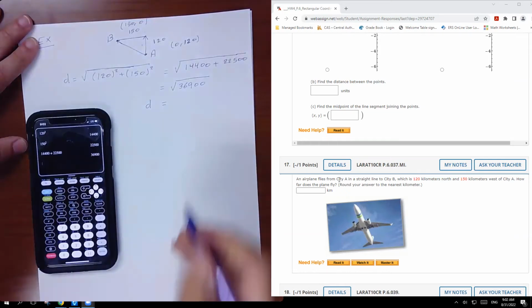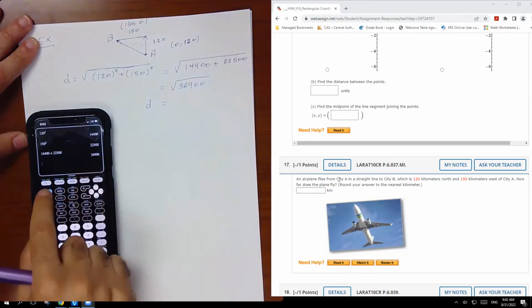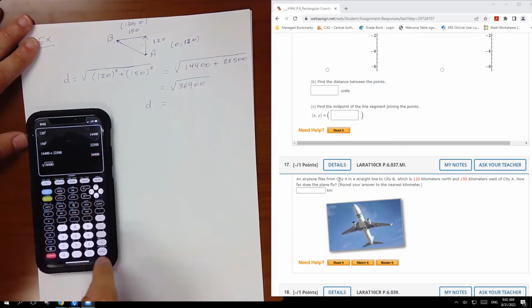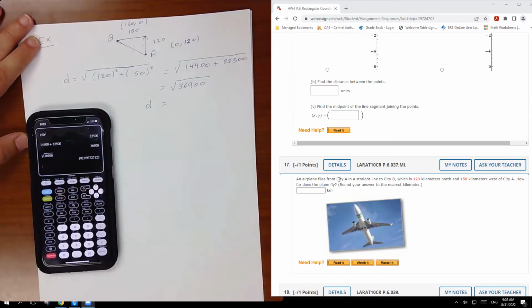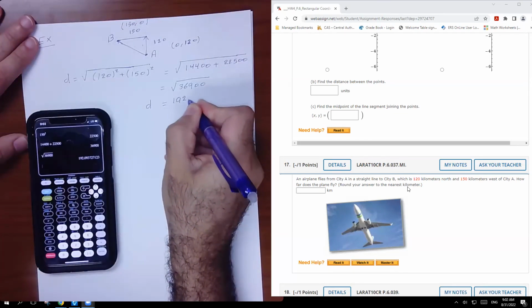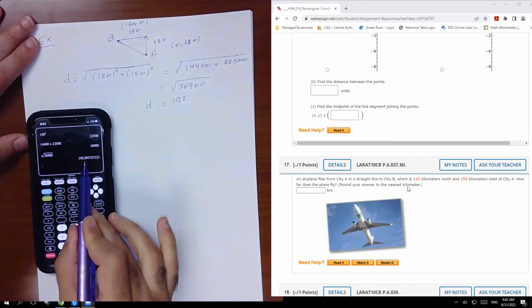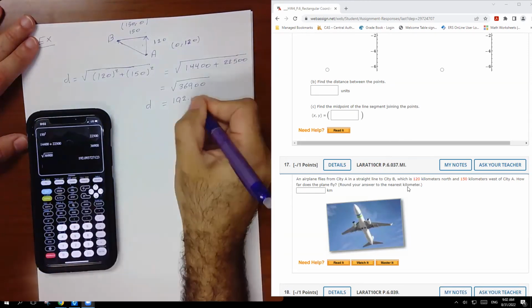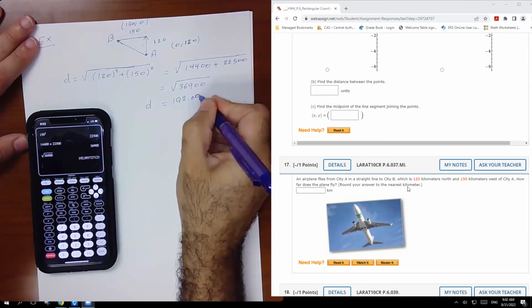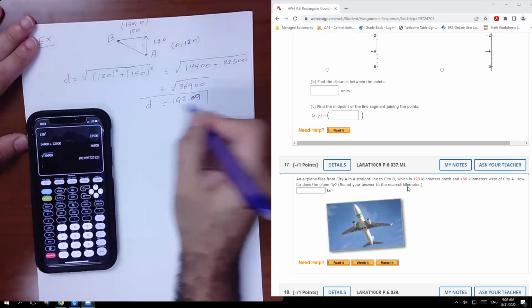It's going to be 192. Round your answer to the nearest kilometer, so you can write it as a decimal number: 192.9 kilometers. That's it. This is going to be the result for this one.